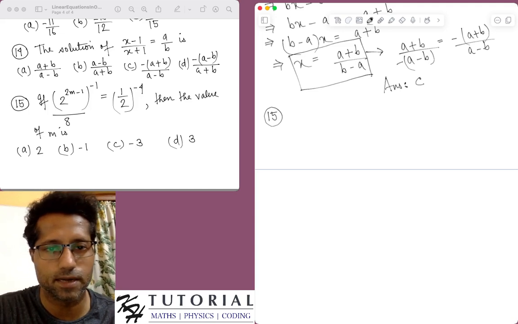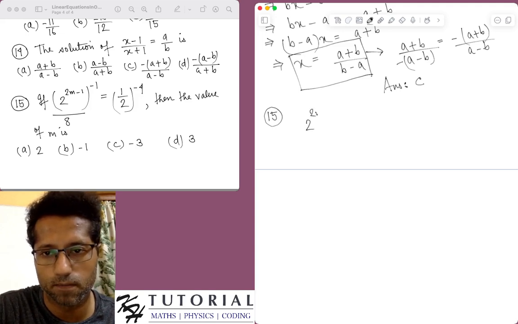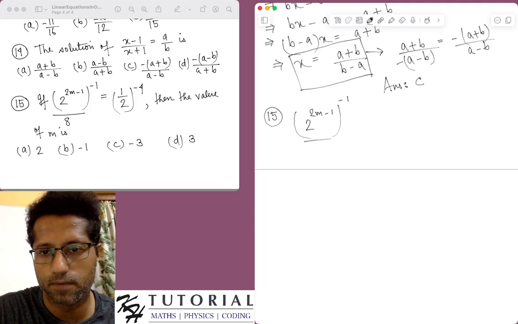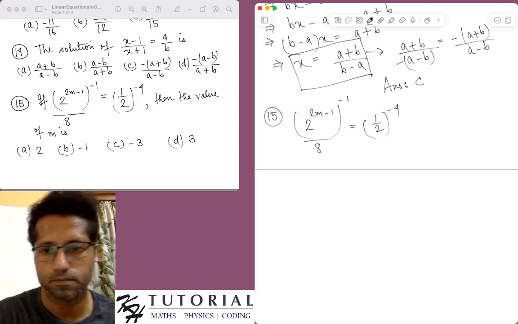It is given that 2 to the power 2m minus 1, this whole to the power minus 1 divided by 8 equals half to the power minus 4.